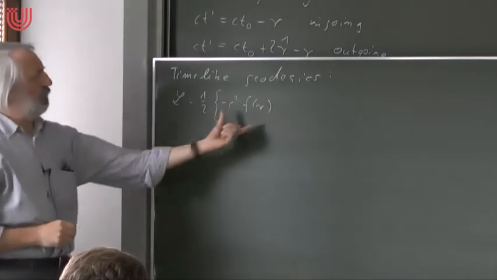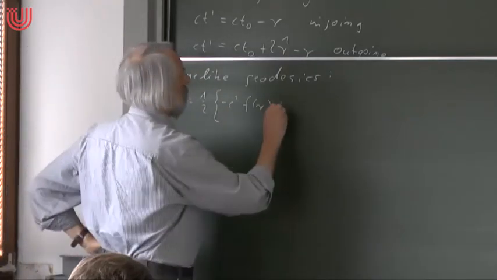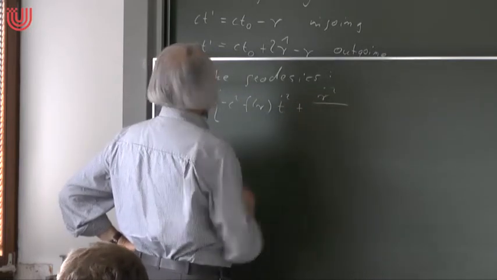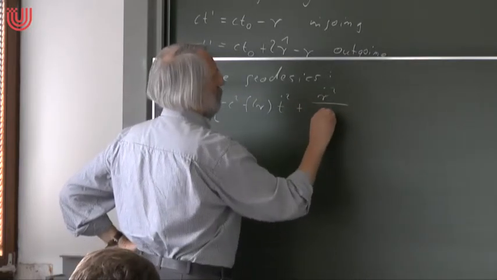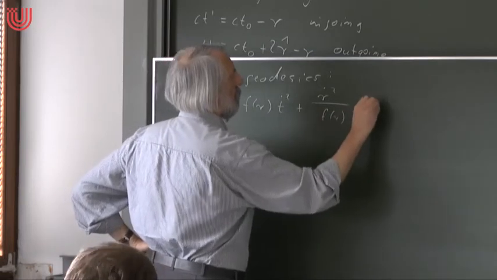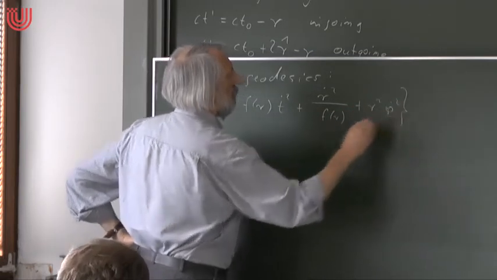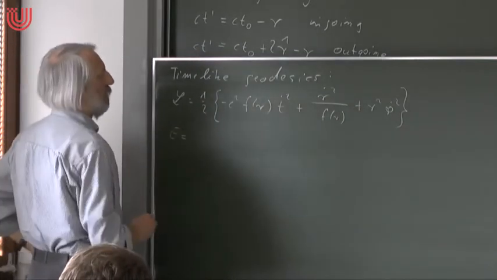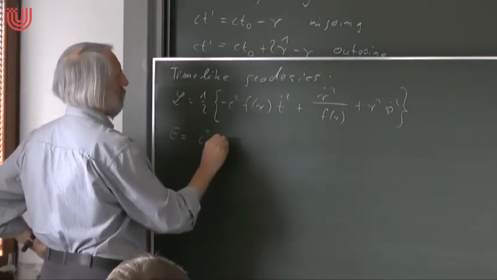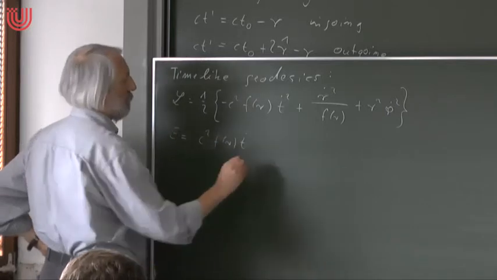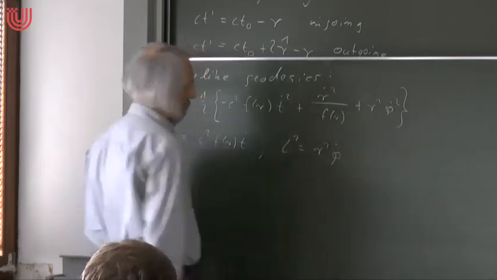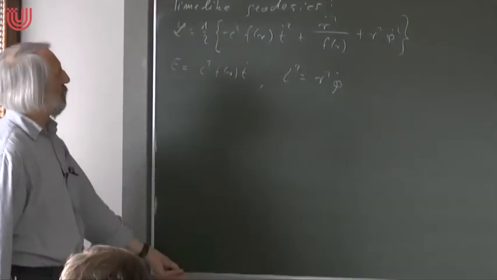This was the function in front of the dt squared. So just to spare a little bit of time, I can write it in this way. So this is our Lagrangian. Then we have the constants of motion, which are c squared f of r t dot and L equals r squared phi dot. Everything very similar to what we had before.